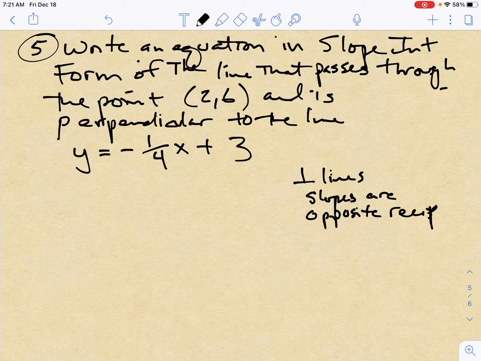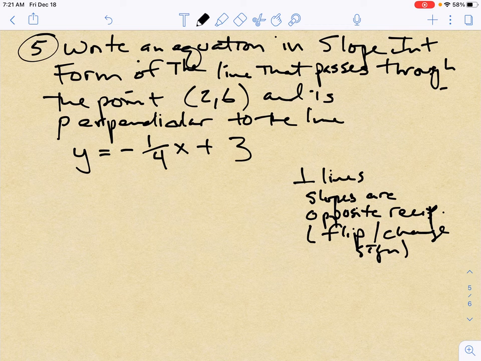I'll just leave that as that. Right? They're opposite reciprocals. So in 8th grade speak, all right, which is what I teach algebra to, in 8th grade speak, that means you flip the slope, right? And then you change the sign.